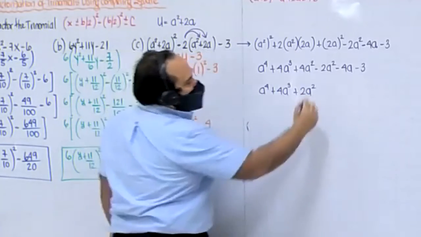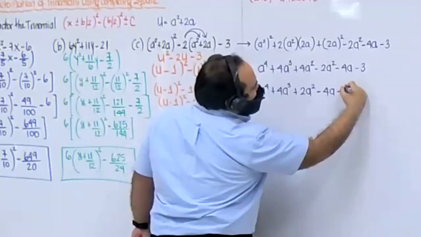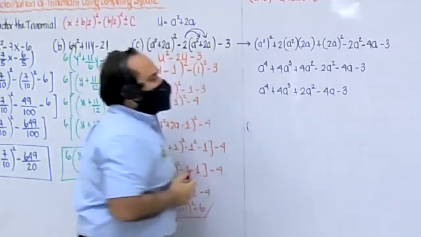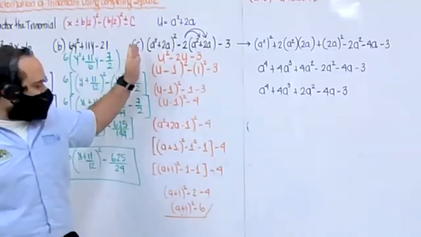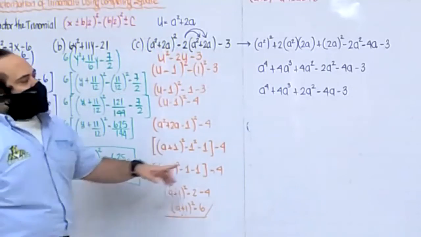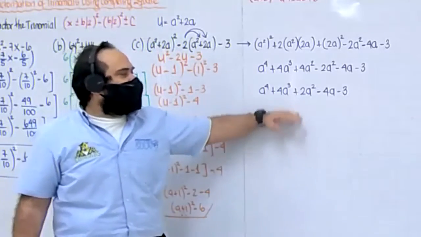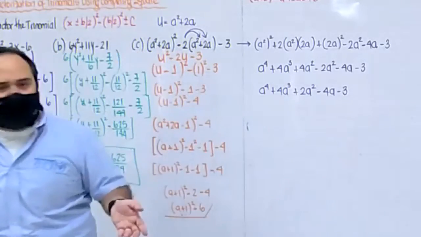Okay, we got negative 4a and negative 3. We are simplifying this trinomial of perfect square. We got a to the 4 plus 4a cubed plus 2a squared minus 4a minus 3.